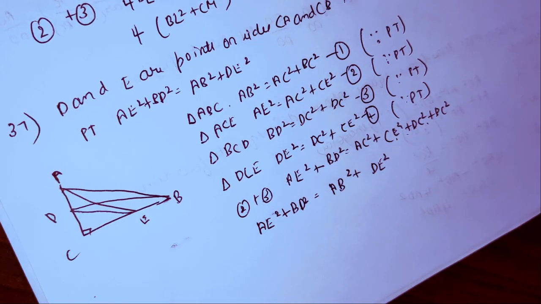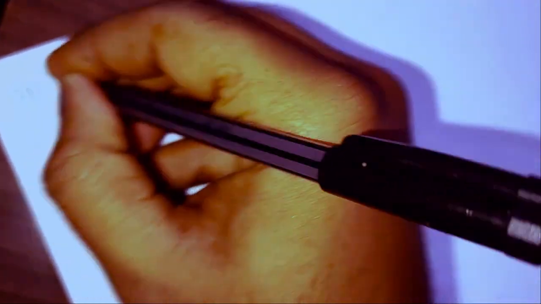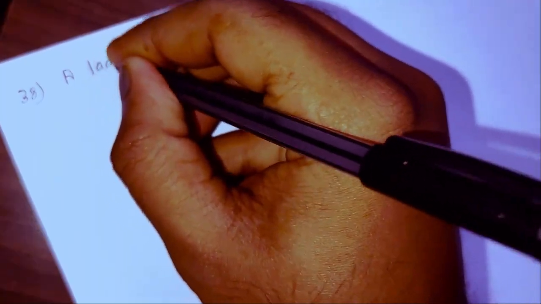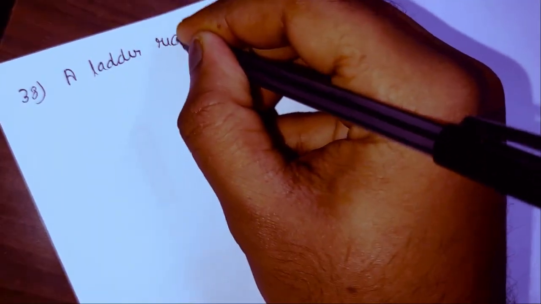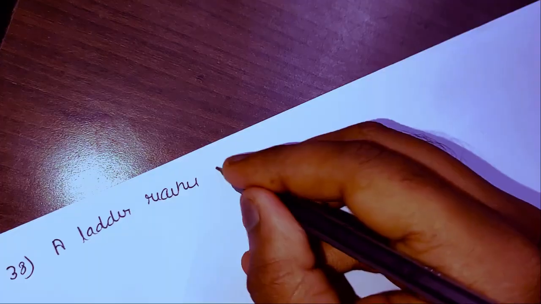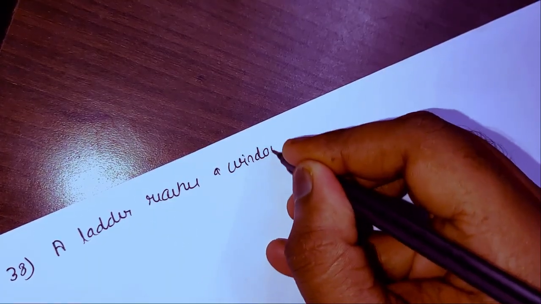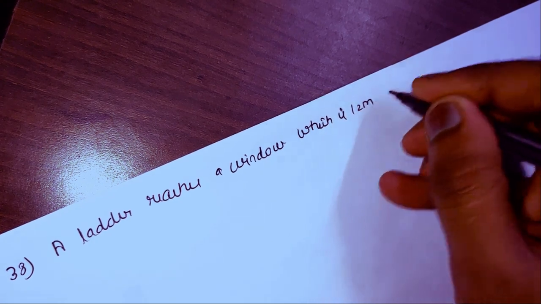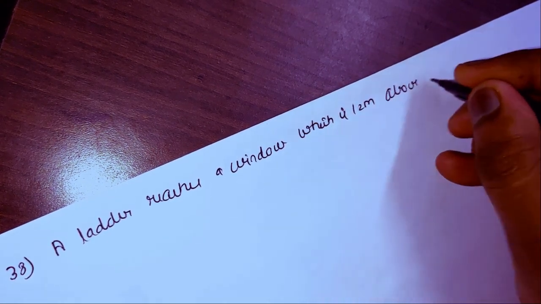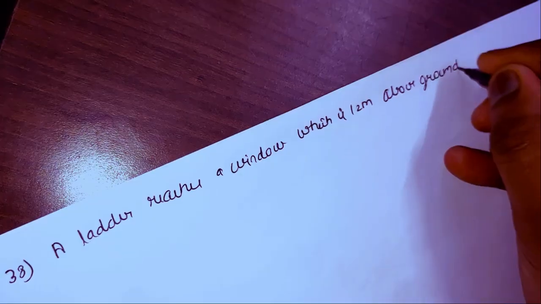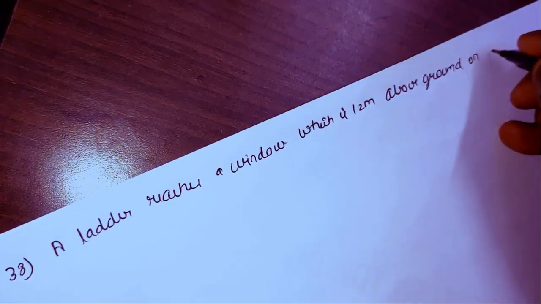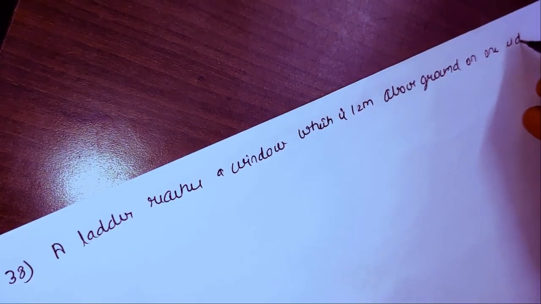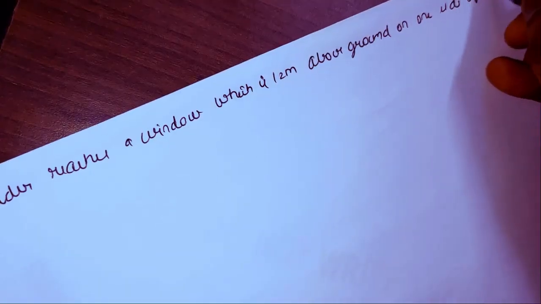Now we will move into the 38th question. A ladder reaches a window which is 12 meters above the ground on one side of the street.